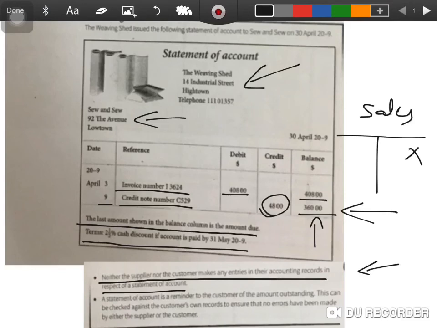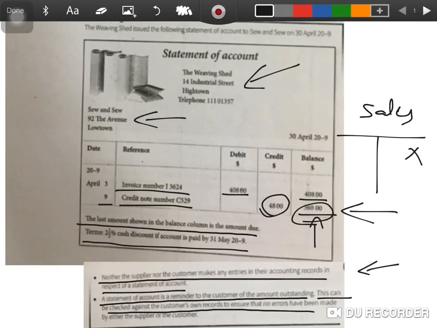A statement of account is a reminder to the customer of the amount outstanding. This can be checked against the customer's own records to ensure that no errors have been made by either the supplier or the customer. As I said earlier, the customer can tally the transactions with this statement to make sure there were no errors made by me or by the customer himself, right?